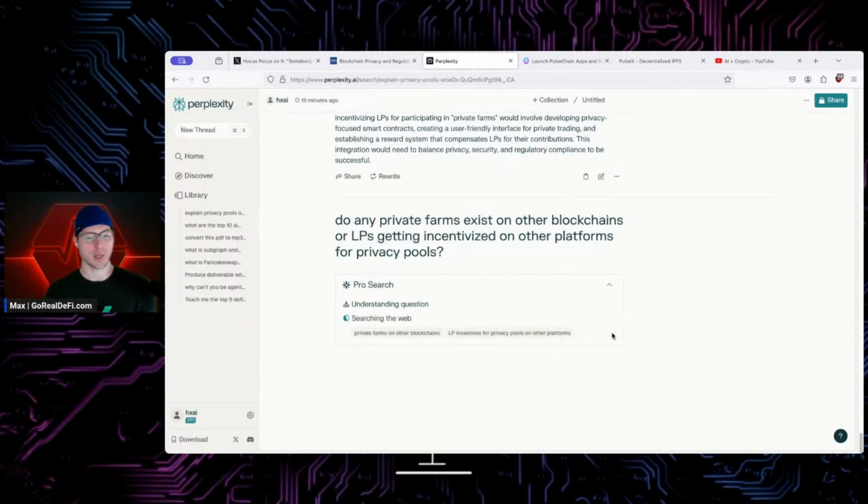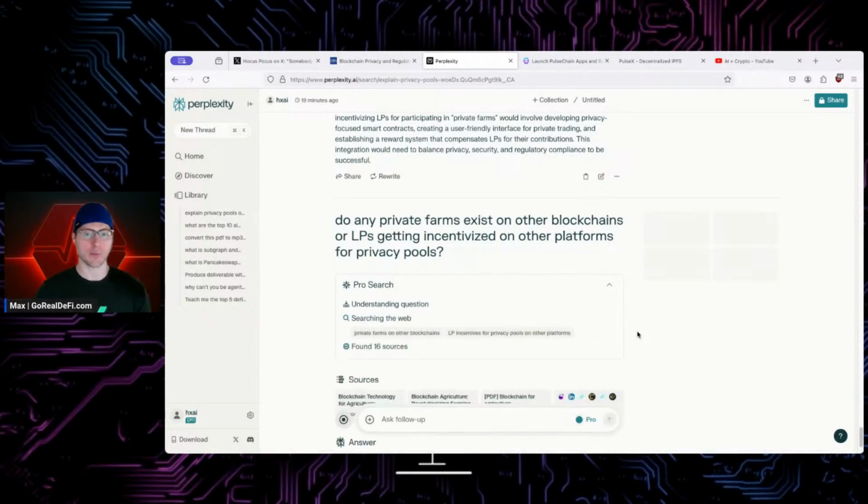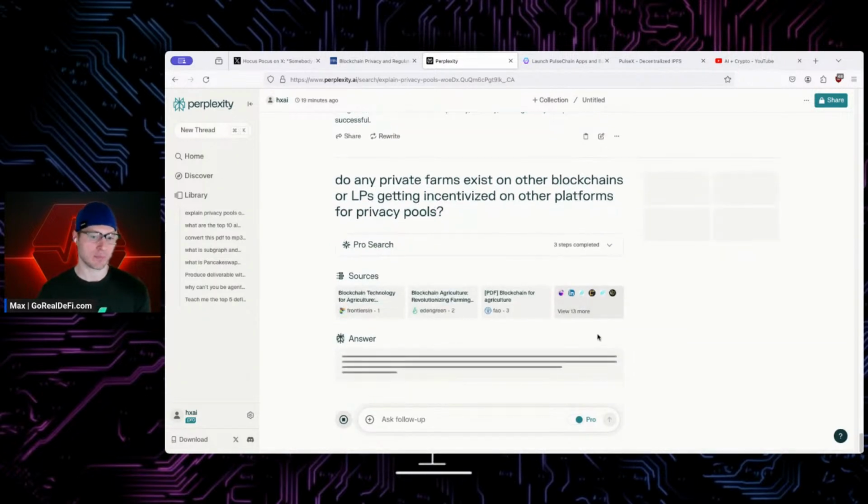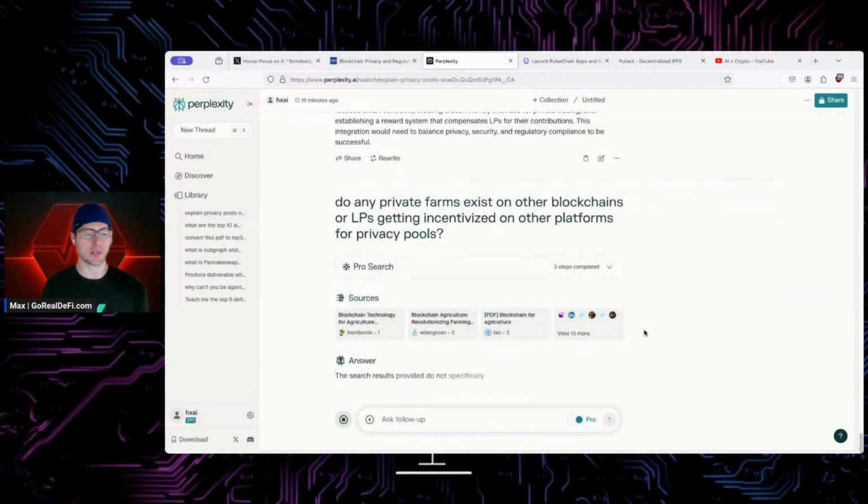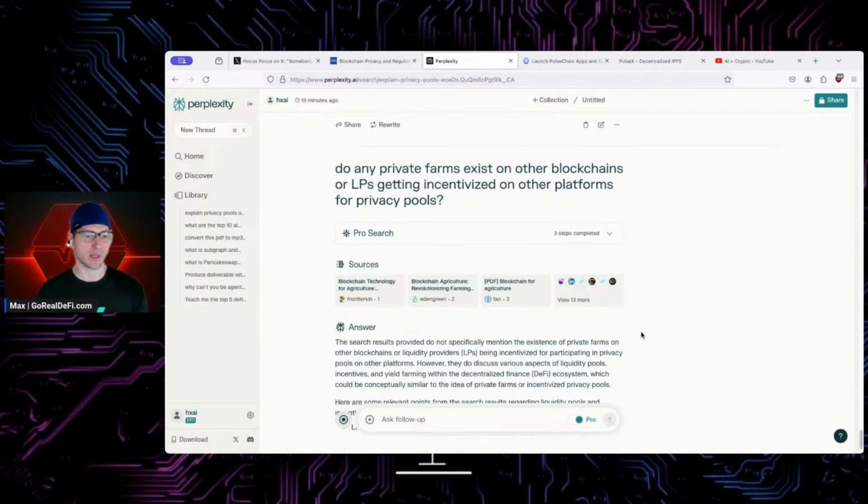I just got to double check, because I don't want to build up this thing that doesn't really exist. Sometimes it's hard to see whether you're actually building off of things that already exist or have happened, or if these are just theoretical things. So I want to double check that.